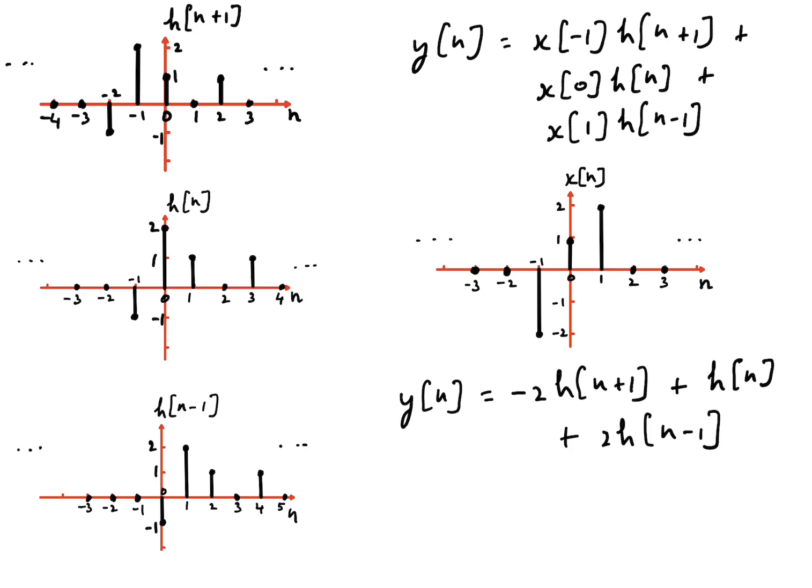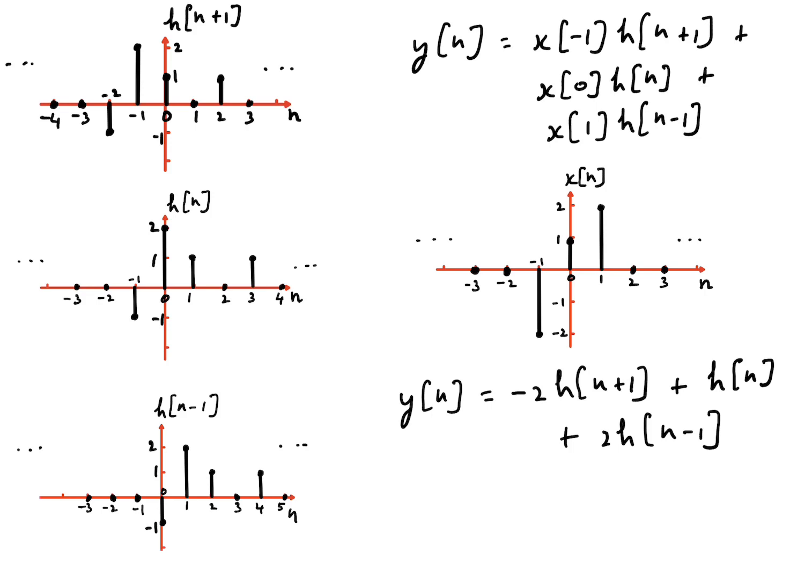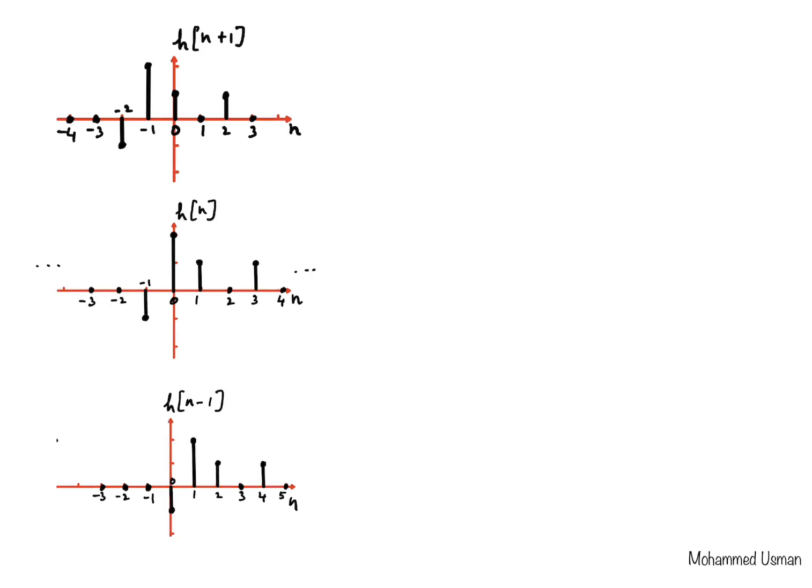Now we are going to scale these by the respective amount. The respective amounts of scaling is minus 2 for h of n plus 1, 1 for h of n, and plus 2 for h of n minus 1. So we are going to scale each of these by the corresponding amounts.